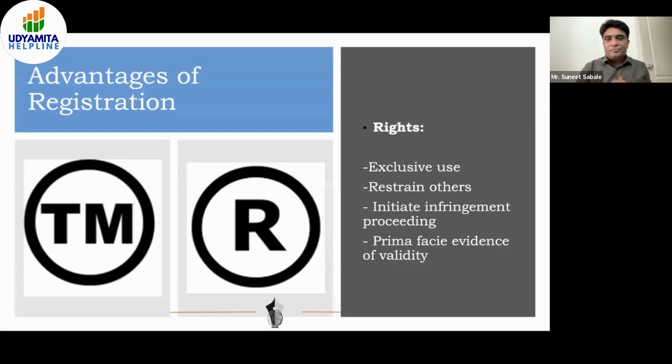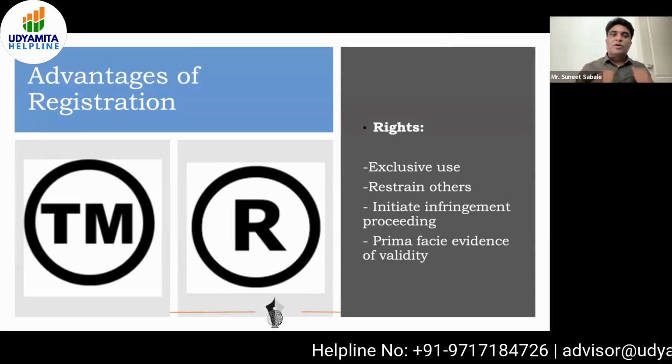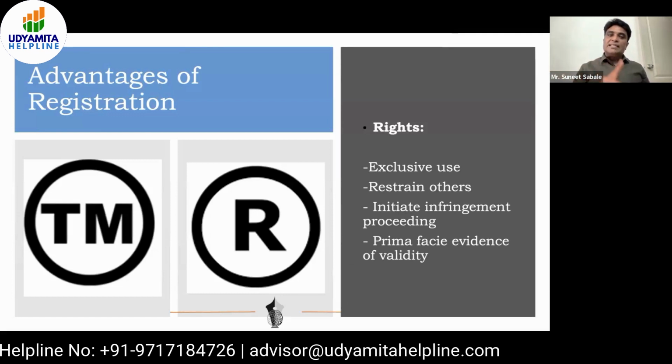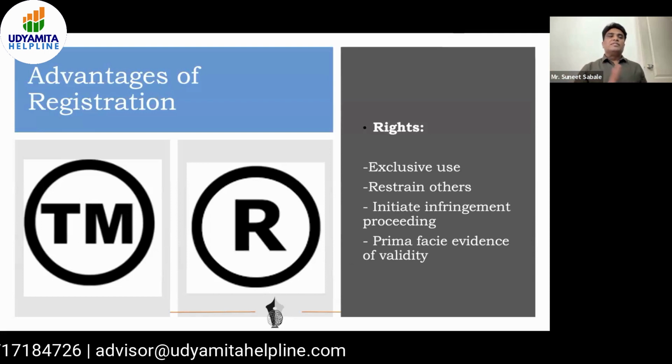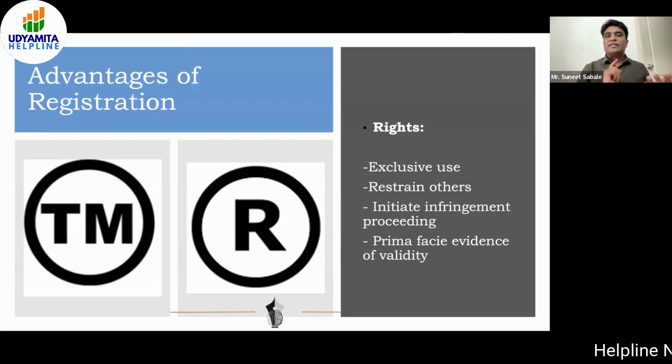So advantages, TM. Whenever you file a trademark, you are allowed to use TM in superscript. When you apply, only then are you allowed to use TM in superscript. Otherwise, it's a crime. Just make a note of it. Okay, so it's not a criminal offense now. With the new amendments, all intellectual property is withdrawn from criminal offenses. So now no one can take criminal action against infringement of trademark, copyright, patents, and designs.